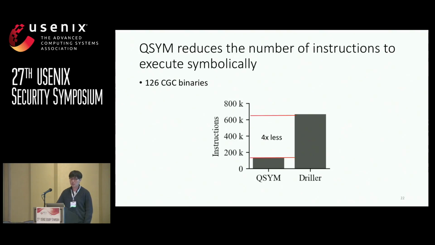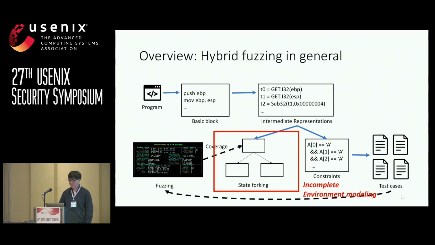We tested QSYM and Driller, one of the state-of-the-art hybrid fuzzers, on 126 CGC binaries. QSYM needs to execute 4 times fewer instructions than Driller. The second one is the incomplete environment modeling due to the state forking.